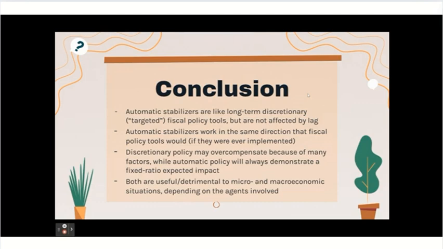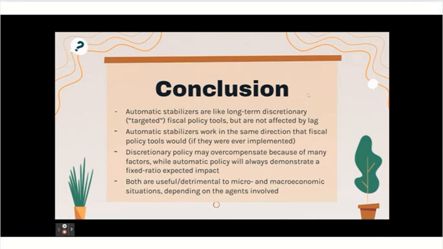And ending with the mixture of automatic stabilizers and discretionary or targeted fiscal policy tools working together, there are just so many ways that they overlap that definitely go beyond the scope of this course, but they are both very useful types of fiscal policy tools.